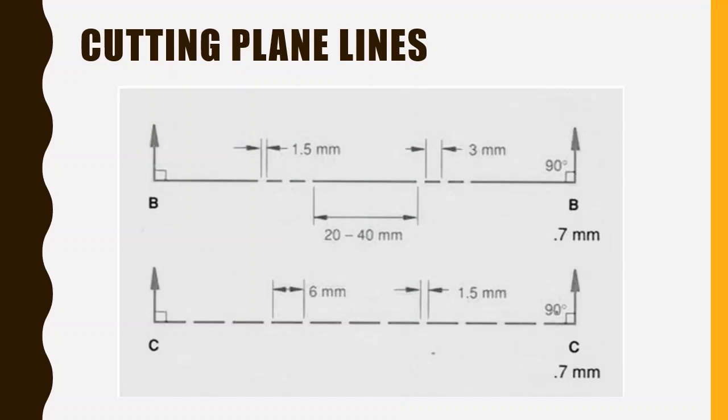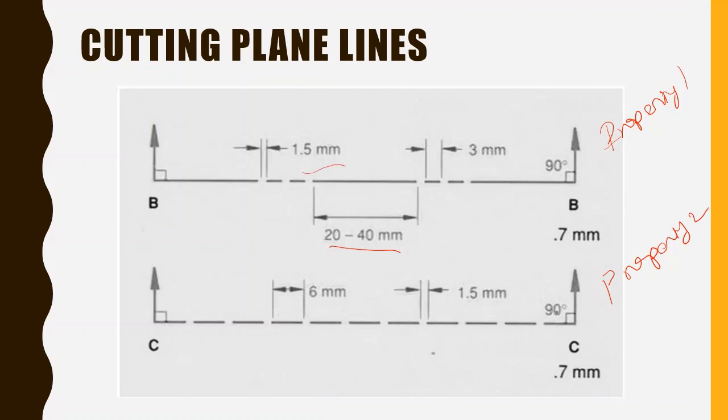Next, these are the specifications of cutting plane lines. When you draw any kind of cutting plane lines, it should follow these properties. This is property 1 and this is property number 2. So what should be the properties of your cutting plane lines? Property 1 indicates that it should have a 20 to 40 mm continuous line, and the other part has 3 mm dashed lines with 1.5 mm spacing.